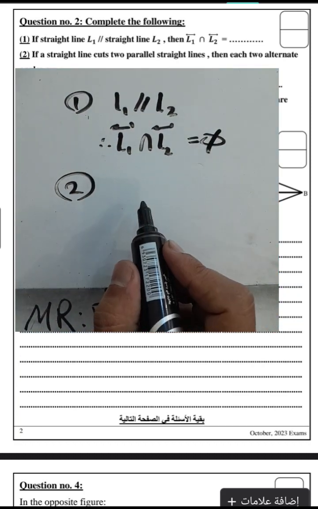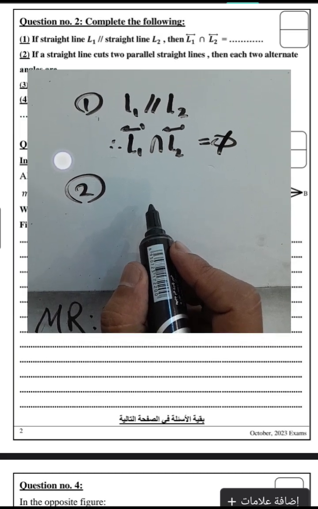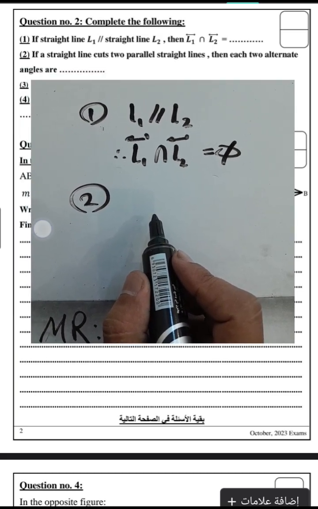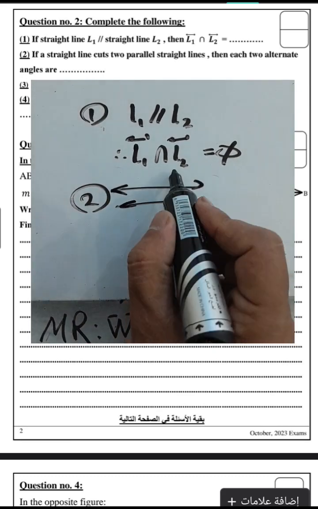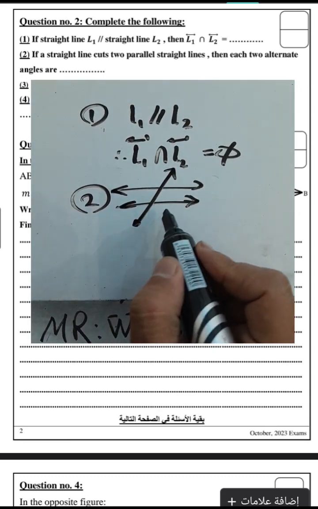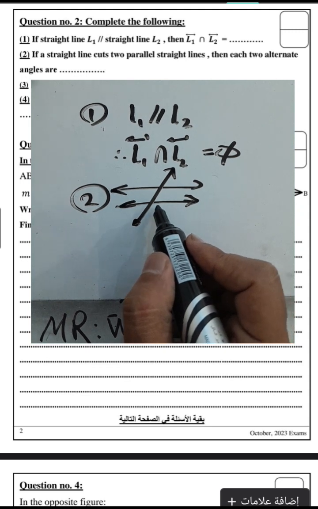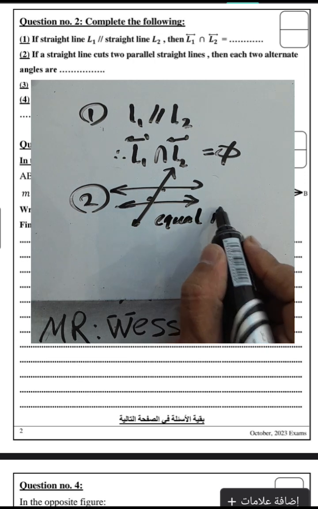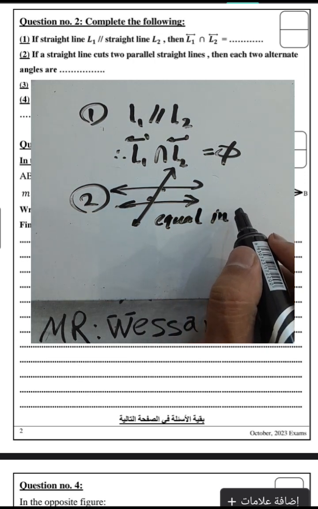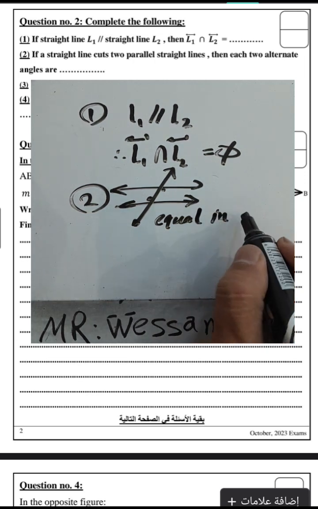If a straight line cuts two parallel straight lines, two alternate angles are equal in measure. Again, if a straight line cuts two parallel straight lines, then each two alternate angles are equal in measure.